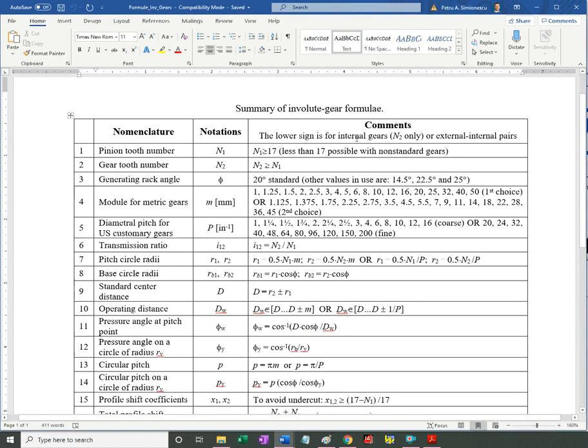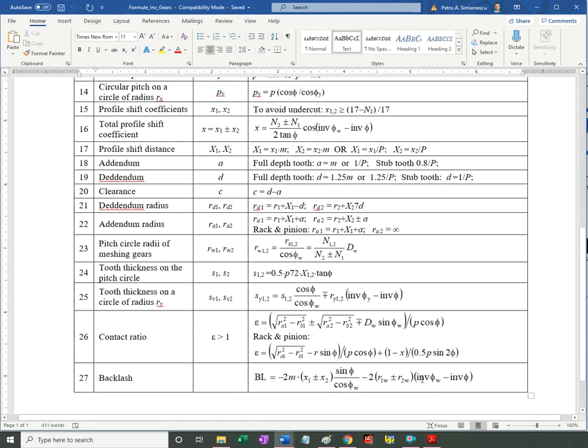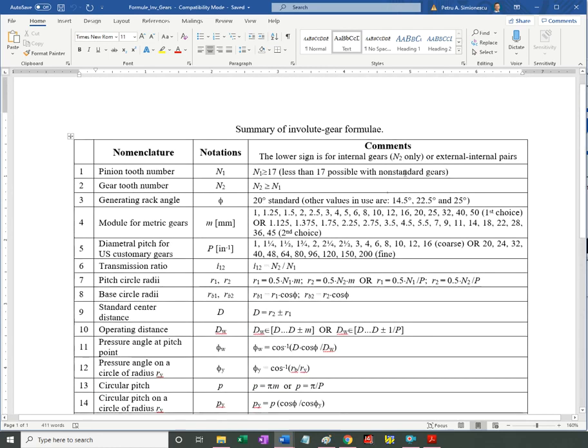So read the comment. The lower sign, if there is any, and we have some, including for contact ratio, I said there is a minus plus, and for backlash plus minus. The lower sign is for internal gear and the upper sign for external gears. Then there are standard values for metric modules and diametral pitches. Actually here there's phi and alpha.